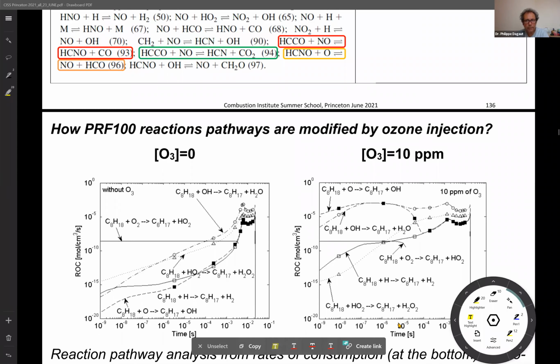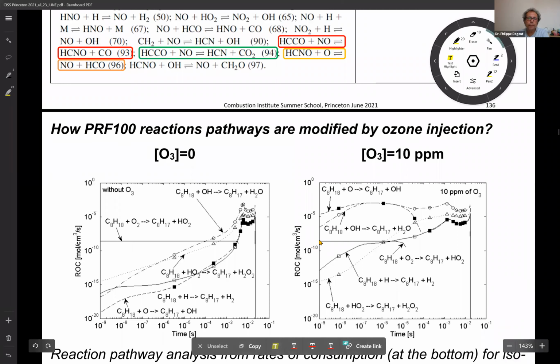What you can see is that the reaction of isooctane with O atom gets very important. It was just here, 10 to the minus 20, and then it jumps to 10 to the minus 5.